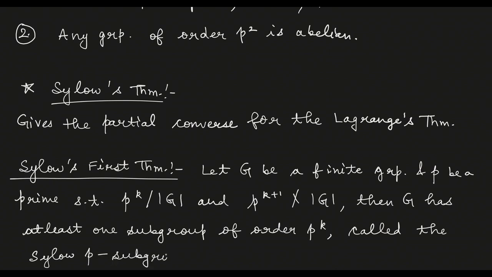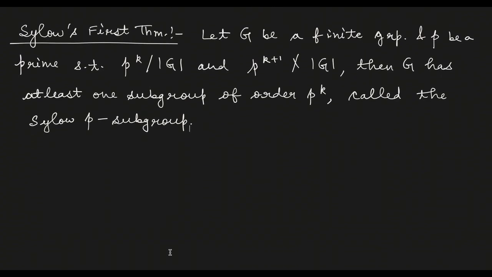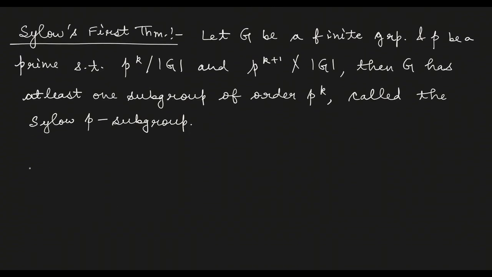So Sylow's first theorem states that G has at least one subgroup of order p to the power k, and it is called the Sylow p-subgroup.